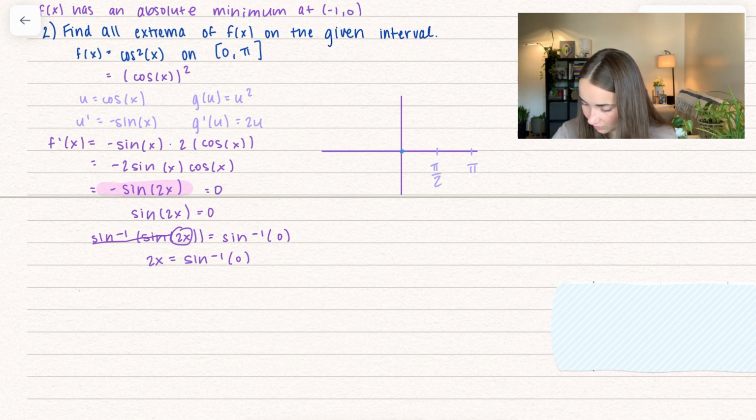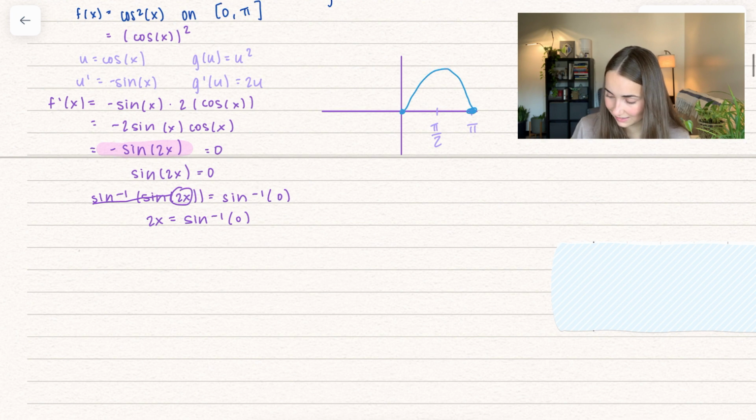Our function starts at 0, goes up to 1, and then goes back to 0. So we have two values where sine is going to be 0. That's going to be 2x needs to be 0 or 2x needs to be pi. So solving for these two, I get x is equal to 0 and I get x is equal to pi over 2. So let's go ahead and fill in our number line.